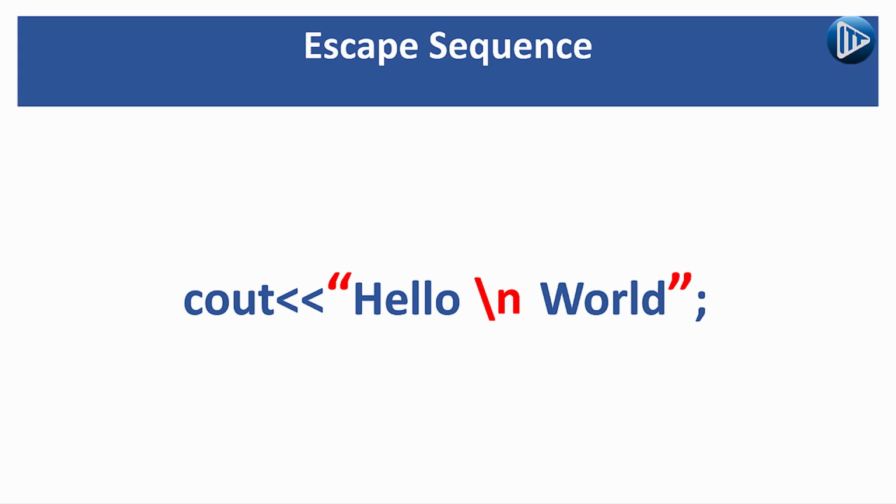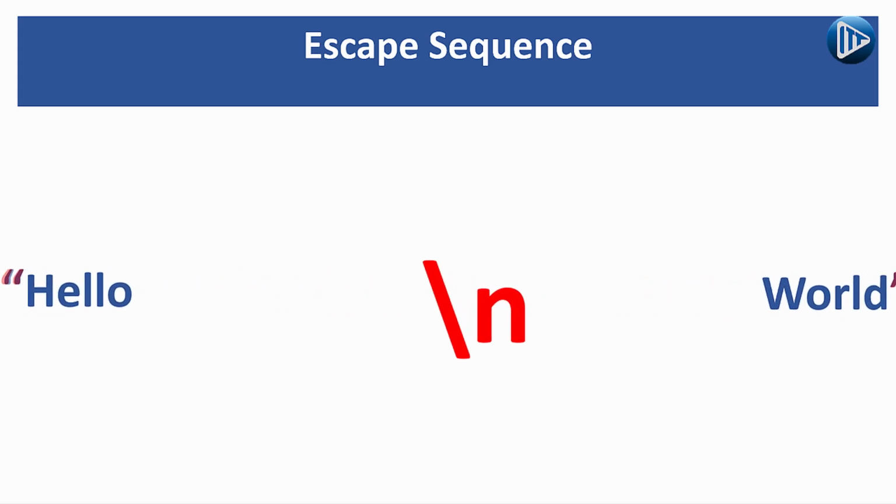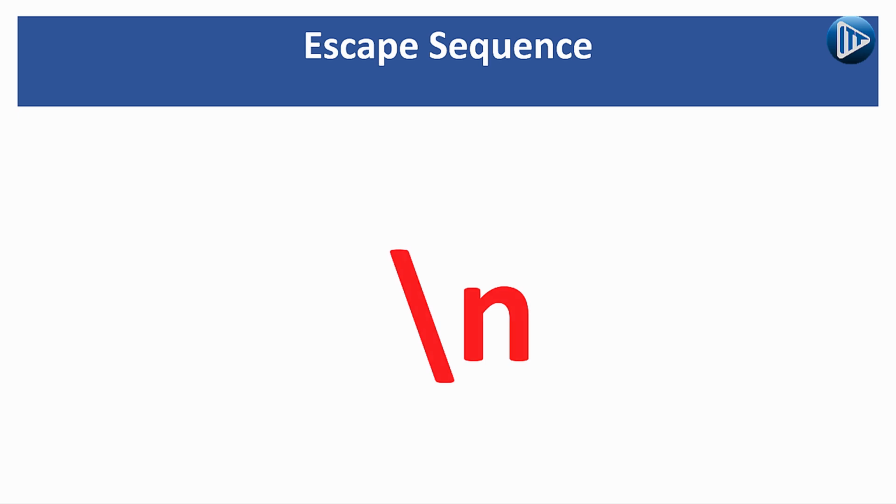So for example, in this example the backslash is followed by the character n, and it can be any other character, like maybe instead of n it can be t and a.